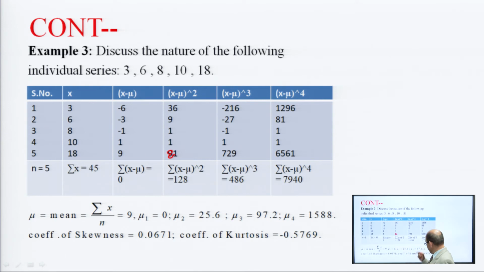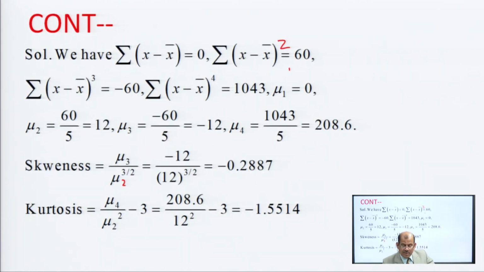Substituting these values in this formula, we get minus 5769. We use the formula we discussed previously: beta 2 is equal to mu 4 divided by mu 2 square.